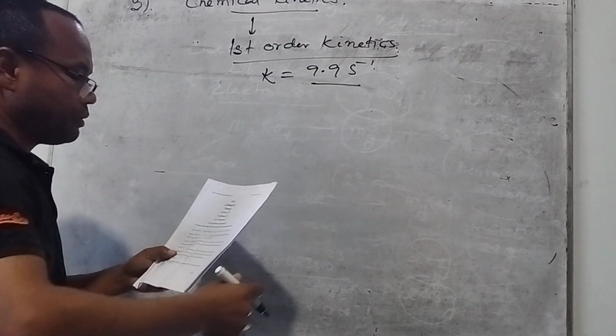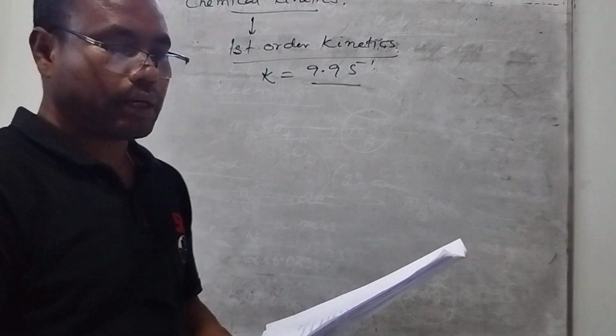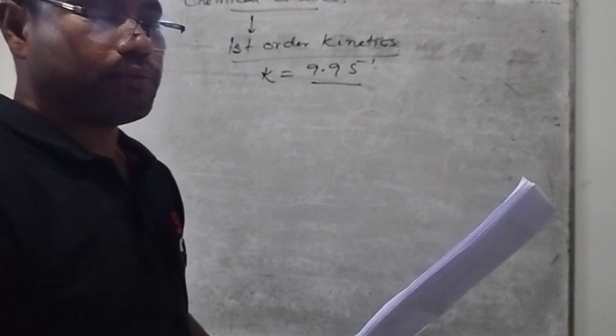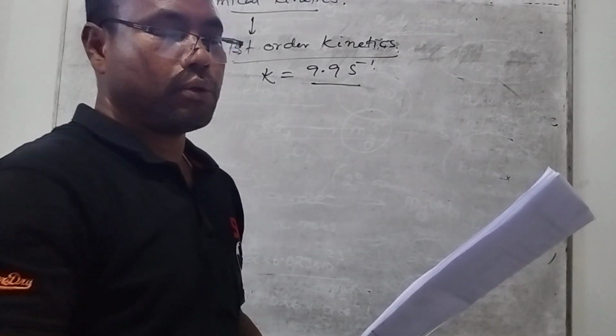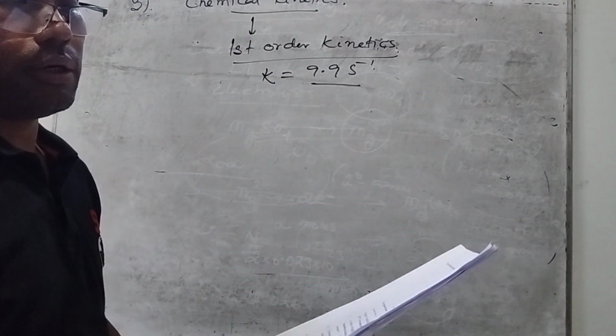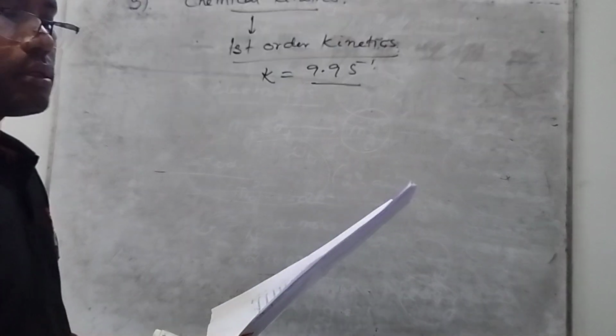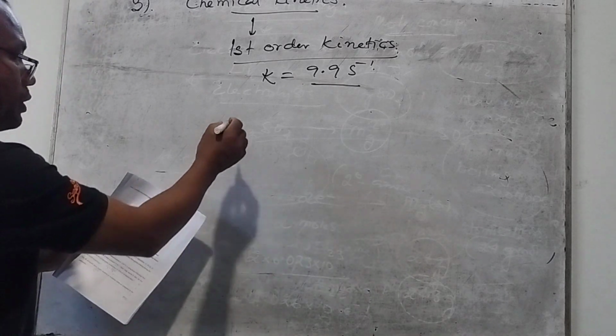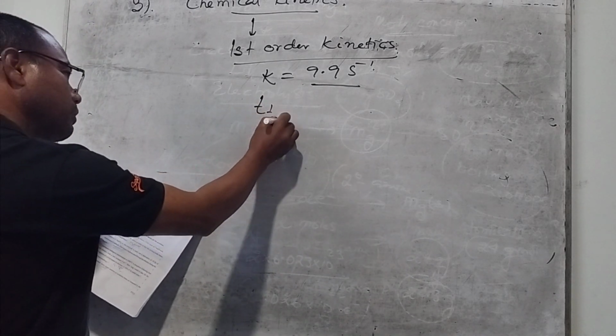How long would it take for the concentration of cyclopropane to decrease to 50% of its initial value? That means the initial value decreases to half. How long will it take? What does this mean? That is what we call the half-life period.